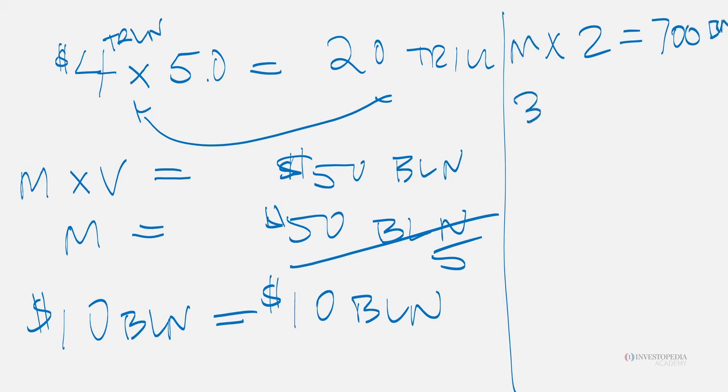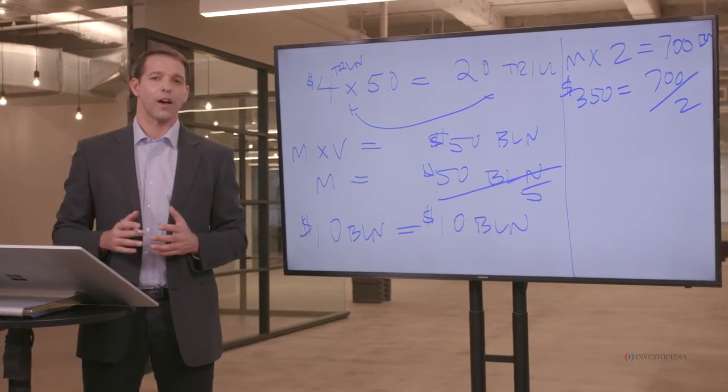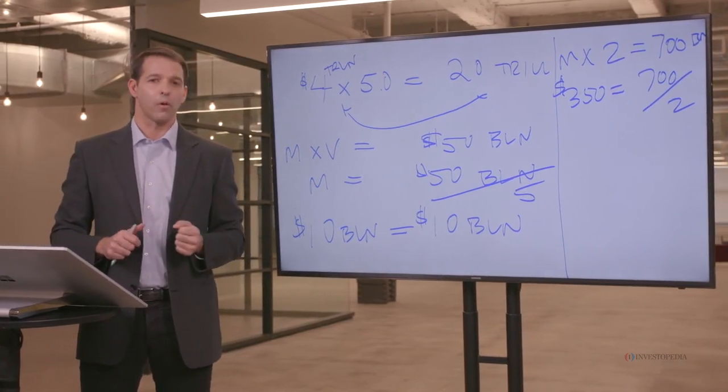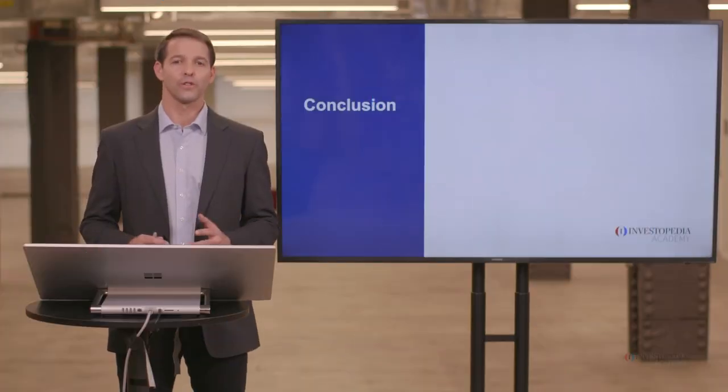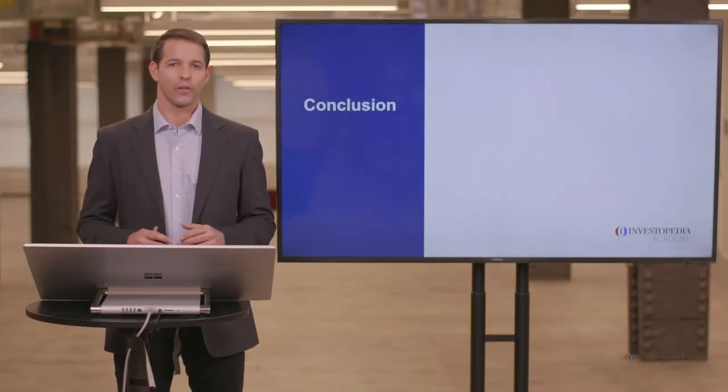So now the Bitcoin needed would give you a $350 billion market cap, because you take 700 divided by 2. So this is a simple accounting identity, or an equation of exchange, that shows a simplified way to value Bitcoin or other crypto assets. So this concludes section 2, crypto valuations.